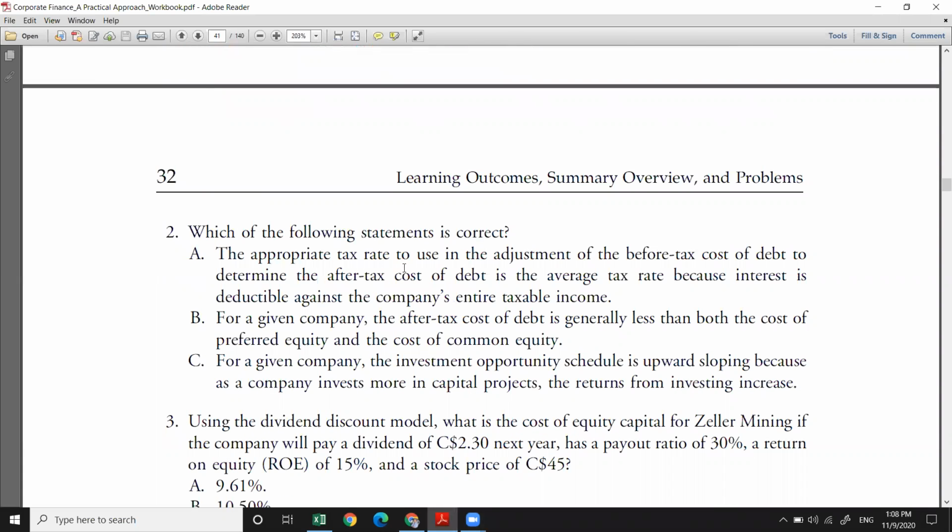Which of the following statements is correct? The appropriate tax rate to use in the adjustment of the before-tax cost of debt to determine the after-tax cost of debt is the average tax rate, because interest is deductible against the company's entire taxable income. This is A. For a given company, the after-tax cost of debt is generally less than both the cost of preferred equity and the cost of common equity.